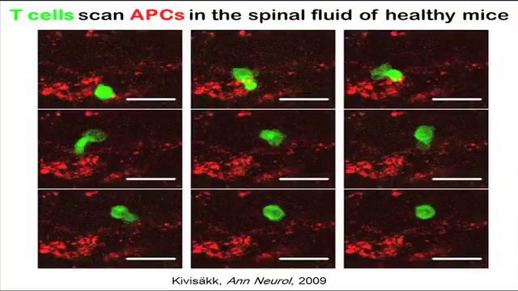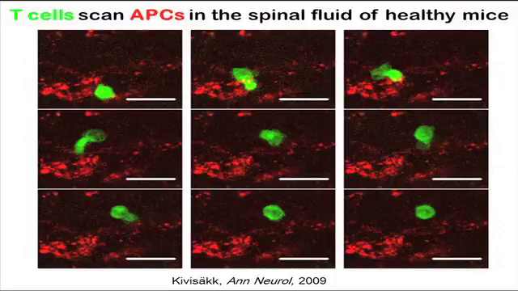What it's actually doing is passing its T cell receptor across the MHC molecules, the major histocompatibility complex molecules of the antigen-presenting cell, looking for an antigen stuck to the MHC molecule that could be recognized by the T cell receptor and might represent a pathogen.